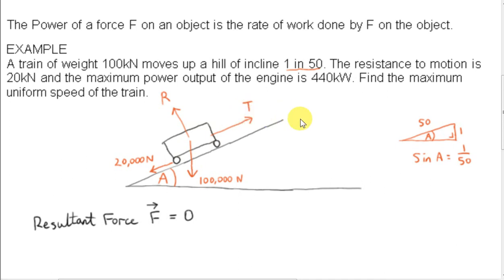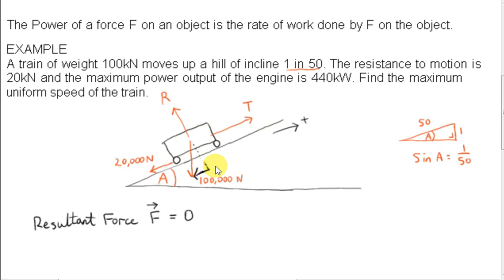Let's take directions up the incline as being positive. Let's get the component of the weight vector along the incline. You can see it's going to be pointing in the negative direction, and the same is true of this resistive force. So we don't have to worry about the components perpendicular to the incline.